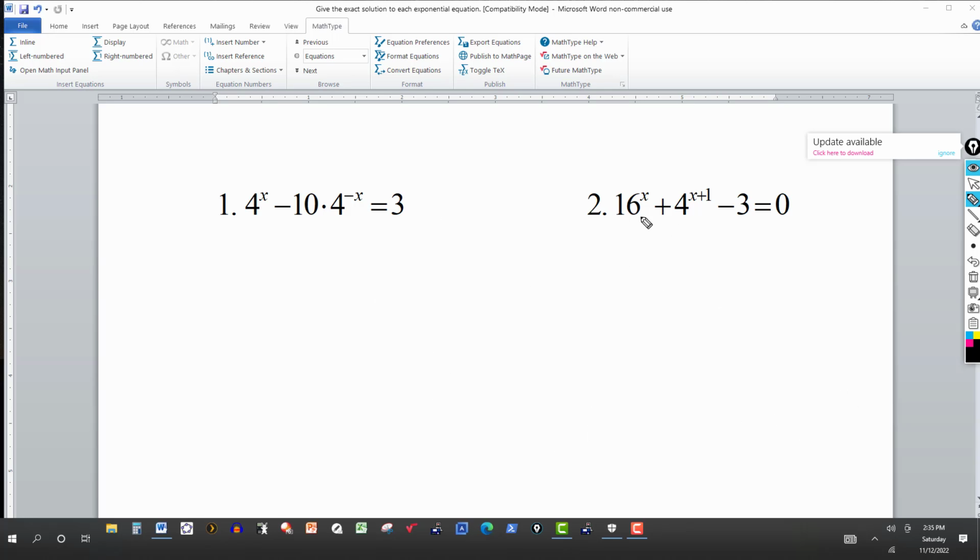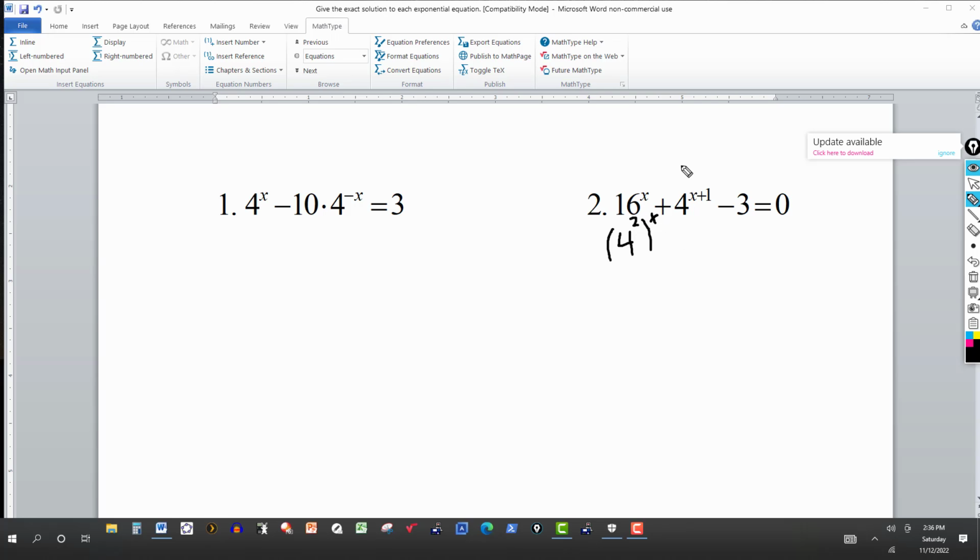Now this one, again, we're going to do a similar sort of thing. We can't just isolate, move something to the other side and take the log of both sides. That's not going to work in this particular case. So what we're going to do is this. 16 is the same thing as 4 squared, and this is going to be to the x here. 4 squared is 16, and then to the x power gives me the original thing.